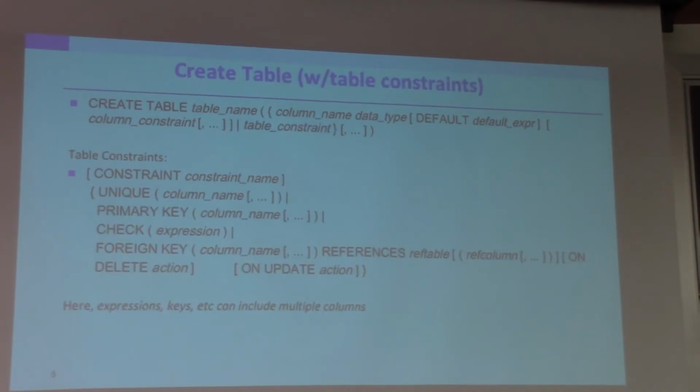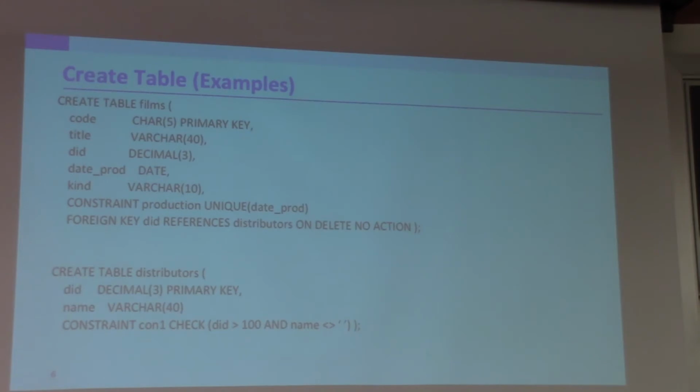Now coming to the table constraint, I'll just go with this particular example. There is one example with the constraint production. Let me talk about this unique thing also. Here it says unique date underscore prod. So there is an attribute date production with date. It says that for this particular table, all the rows that have the date must be unique.